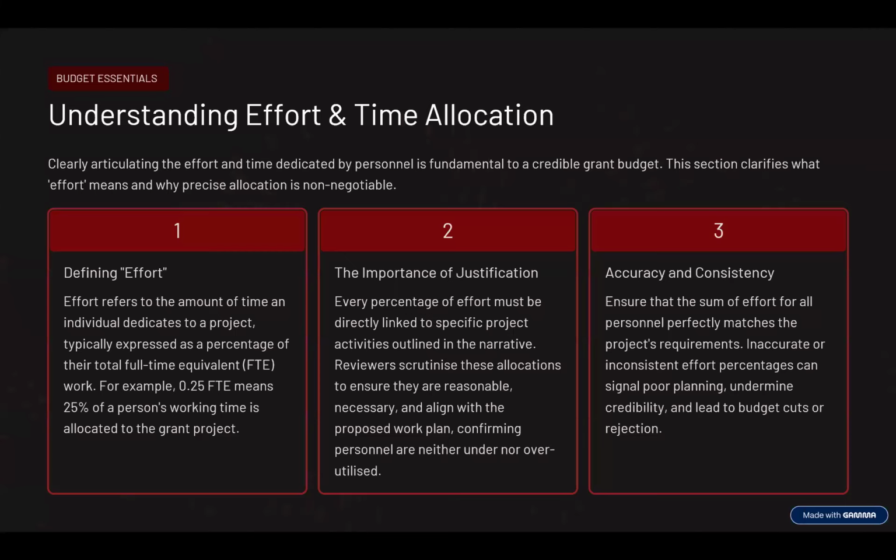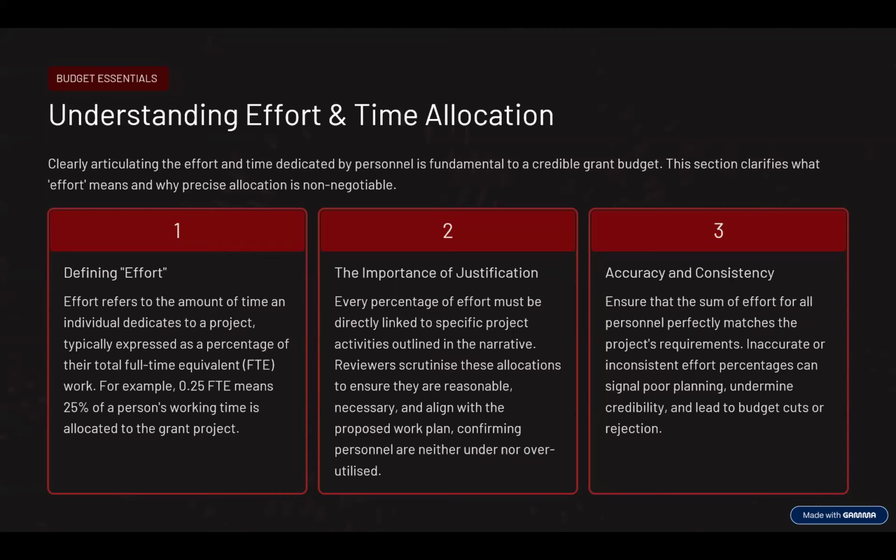Then the importance of the allocation: every percentage of effort must be directly linked to specific project activities outlined in the narrative. When reviewing it, reviewers most times look at those allocations to ensure they are reasonable, necessary, and aligned with the proposed work plan, confirming personnel are neither under- nor over-utilized, to ensure there's a balance in their efforts.